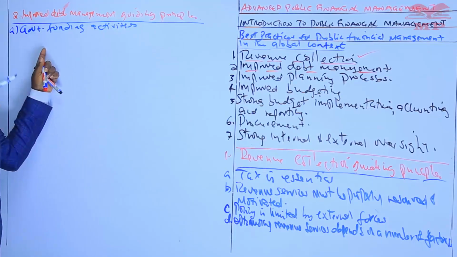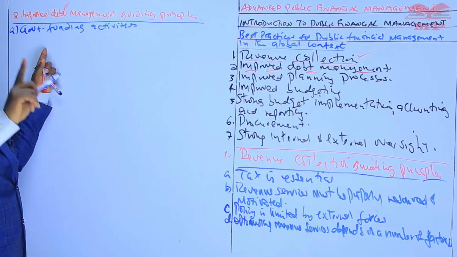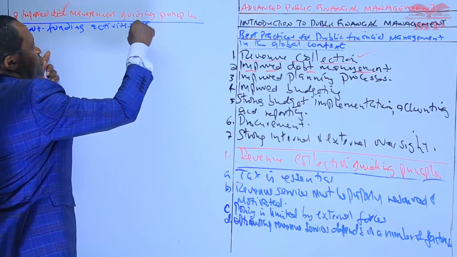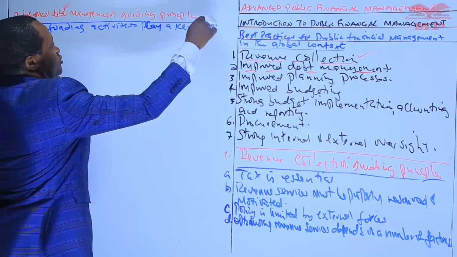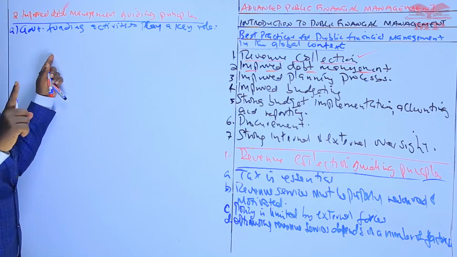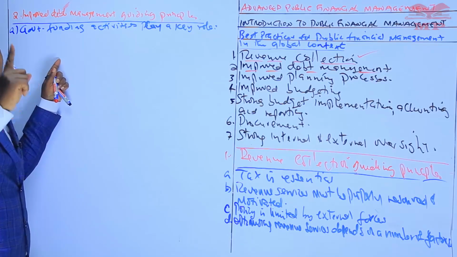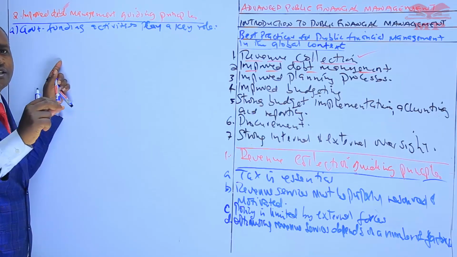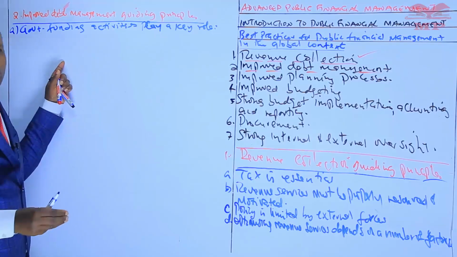Government funding activities do what? Play a key role in, number one, determining the fiscal envelope. Number two, in communicating government policy to the markets. Number three, in determining the cost of borrowing in the economy as a whole.